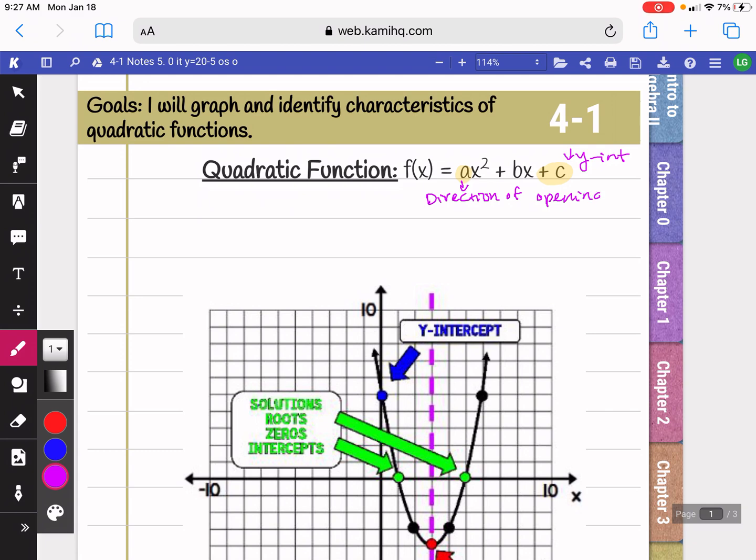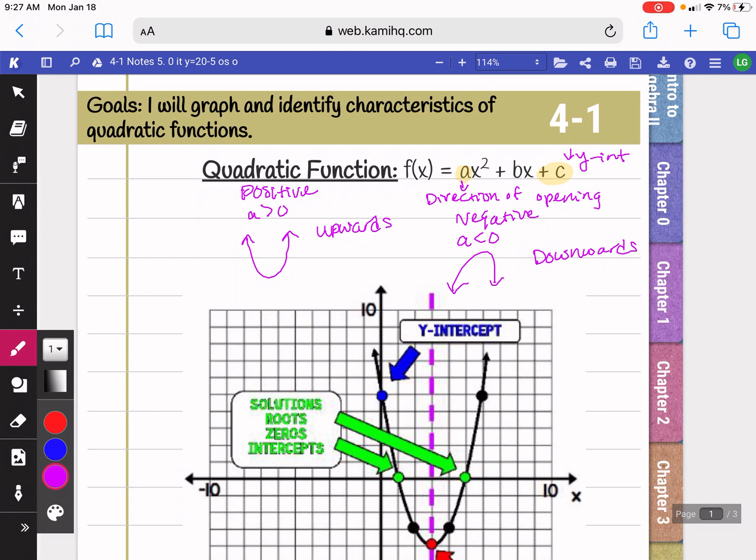So if your a is a positive number greater than 0, then your graph will be facing upwards. If your a is a negative number, in other words, a is less than 0, then your graph will be facing downwards. Try to think of upwards like a regular U, so it's up. Downwards would be a flip U, so down.